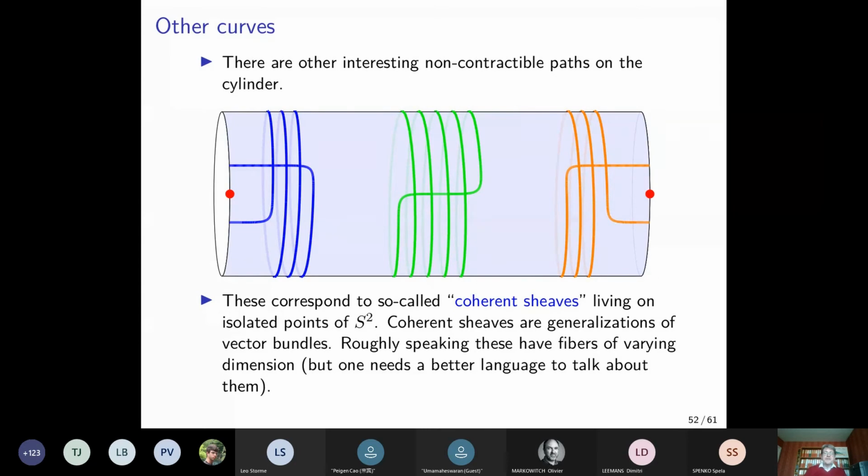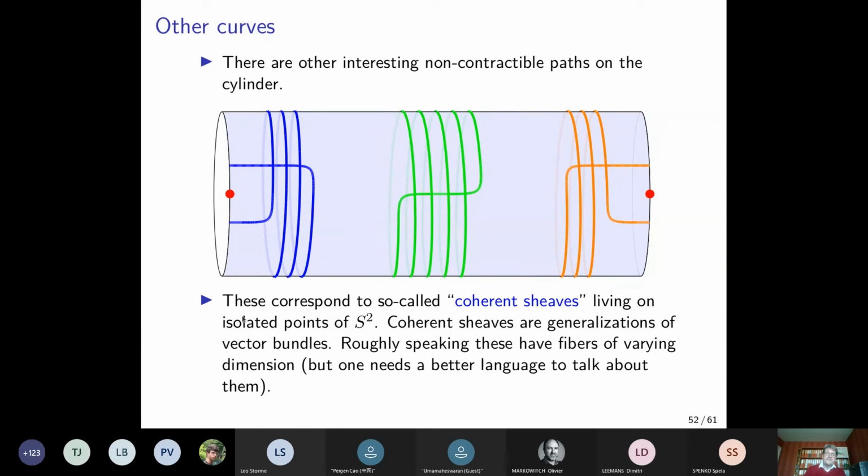Roughly speaking, you can think of them as having fibers of varying dimension, but one really needs a better language to talk about them. And the language of sheaves was invented by Jean Leray when he was a prisoner of war in Austria during the Second World War. And this is a very nice and a bit funny story, which is partially described in Wikipedia.